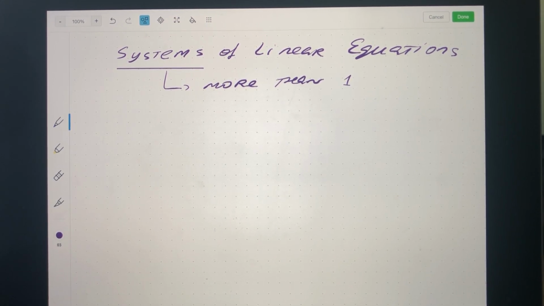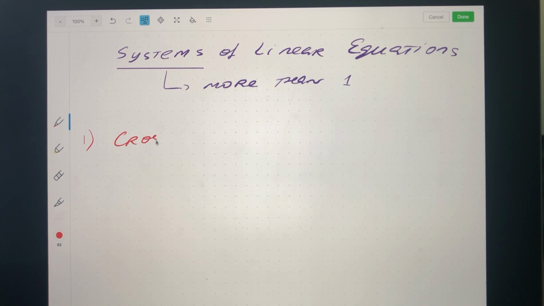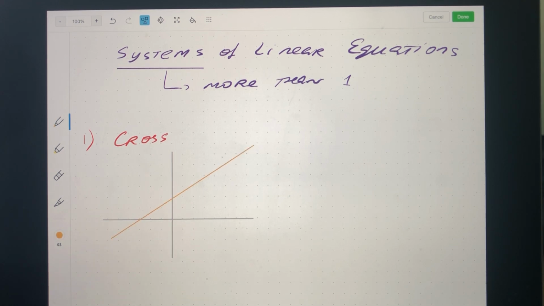So the first possibility is we could have lines that cross. They cross at no particular angle, so something like this. This is my coordinate axis. Let's say here is line 1 and it goes like this, and line 2 perhaps goes like this.